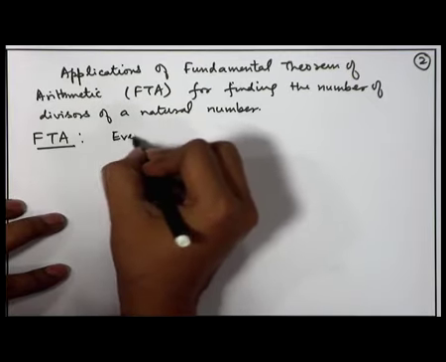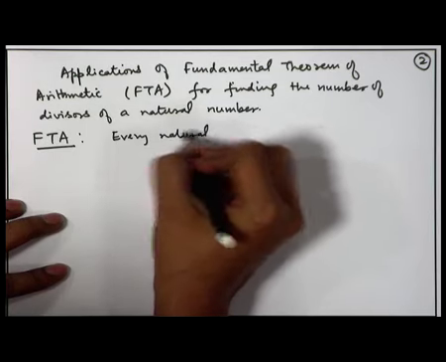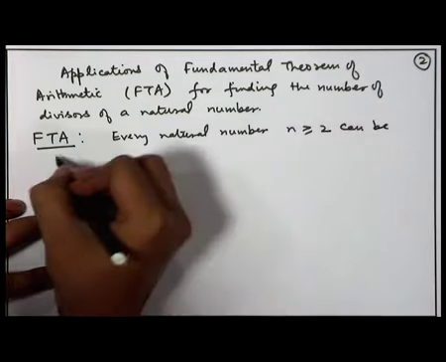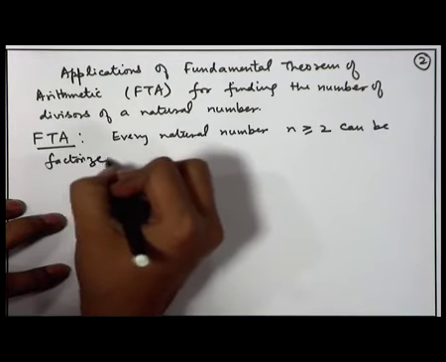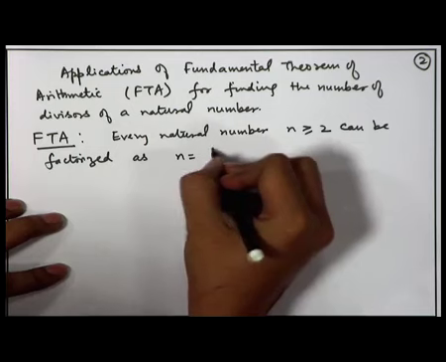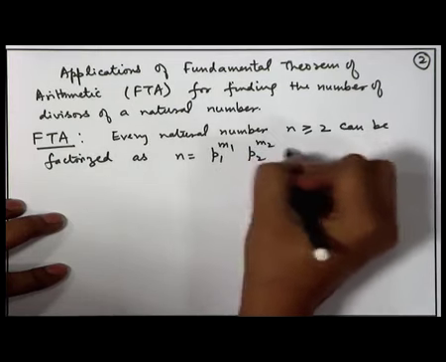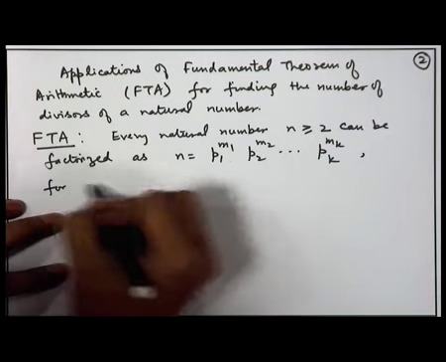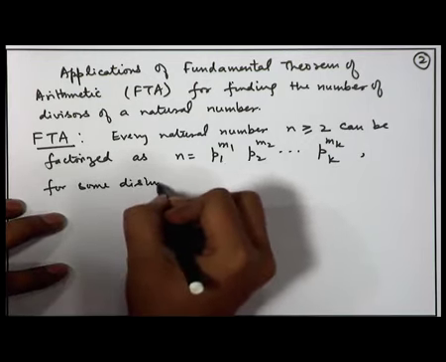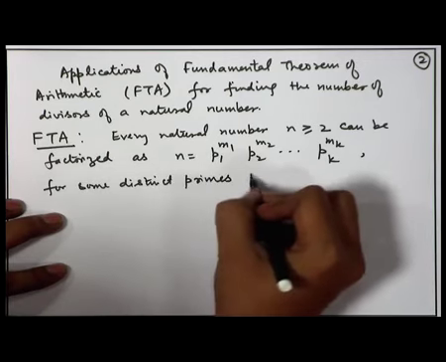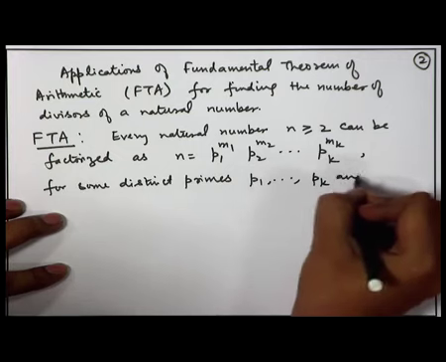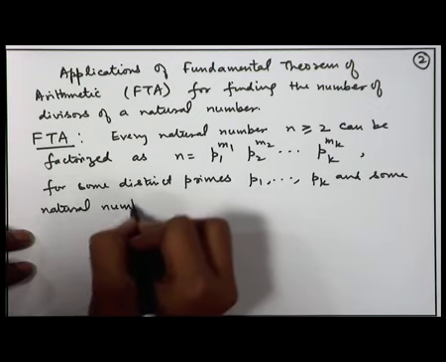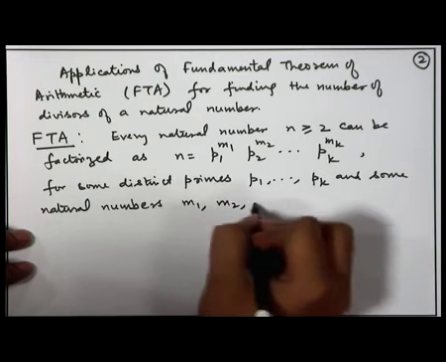That is, every natural number n greater than or equal to 2 can be factorized as n equals p 1 to the power m 1, p 2 to the power m 2, ... p k to the power m k, for some distinct primes p 1, p 2, ..., p k, and some natural numbers m 1, m 2, ..., m k.